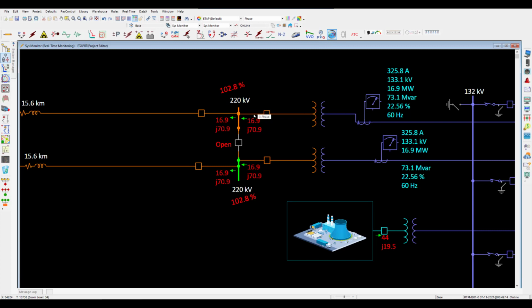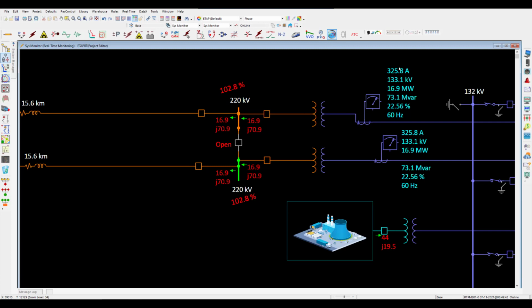The state estimator has many advantages, but here the primary advantages are the ability to determine the pseudo measurements and fill in the blanks, such as the voltages on bus bars that do not have measurements. The state estimator also allows us to compare the flow of the state estimator, or the calculation from the state estimator, along with the meter values.